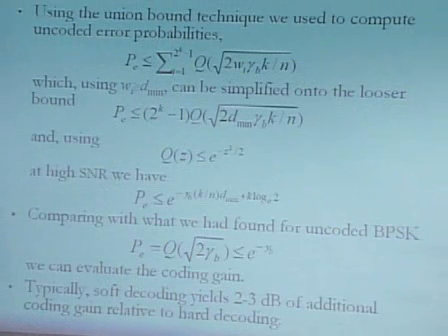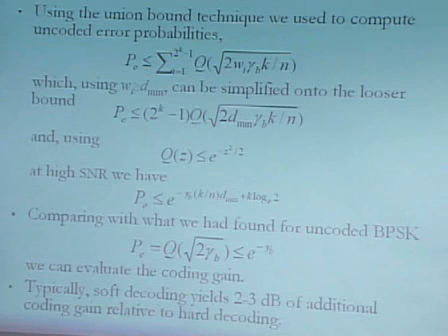Now, this is for coded BPSK with soft decision. We had found for uncoded BPSK two or three weeks ago this formula, this Q function, remember? This was the first one we found for the modulations, which was upper bounded by this exponential. So comparing these two formulas, we can evaluate the coding here.